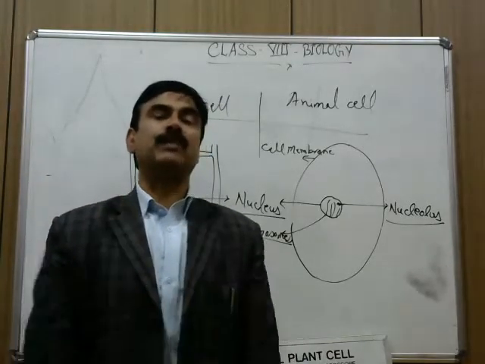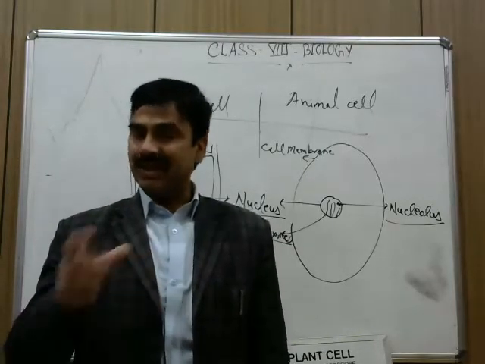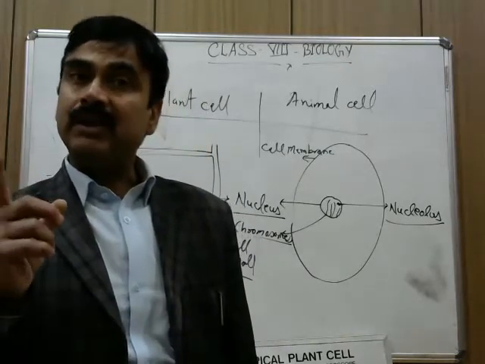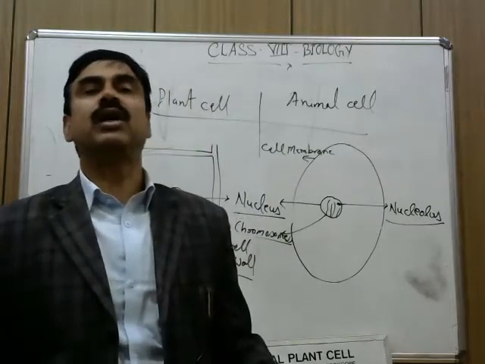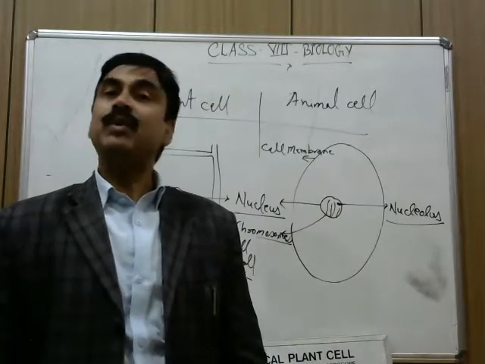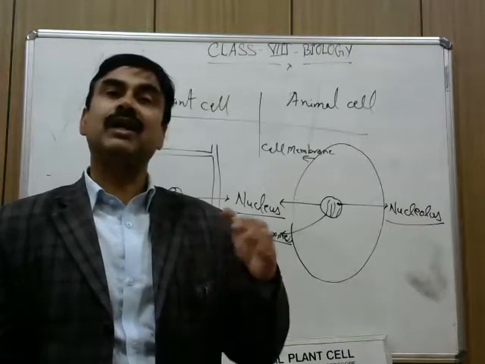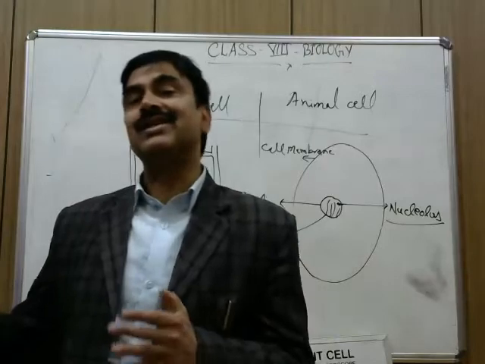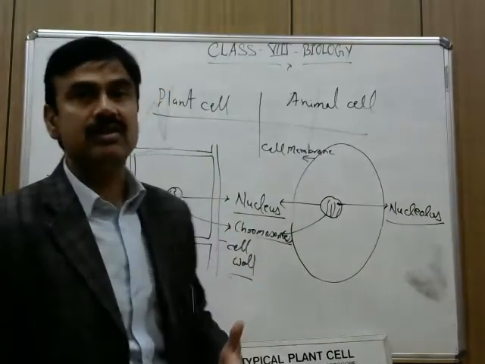Number one, nucleolus, which is present inside the nucleus, a spherical structure, produces the protein. Number two, you can remember the rough endoplasmic reticulum is also producing the protein. And third one, no doubt, the engine of the cell, the ribosome. Children, you have to make a table in which you write the name of cell organelles on the left hand side, and on the right hand side you write the function of the different cell organelles. I'll make the table also, right?